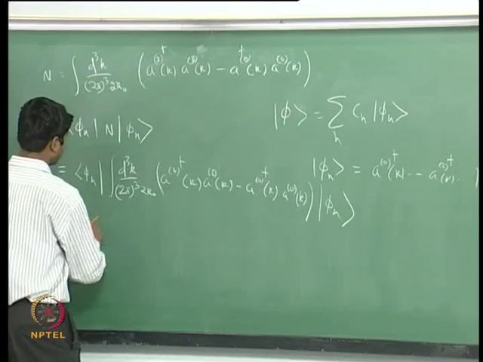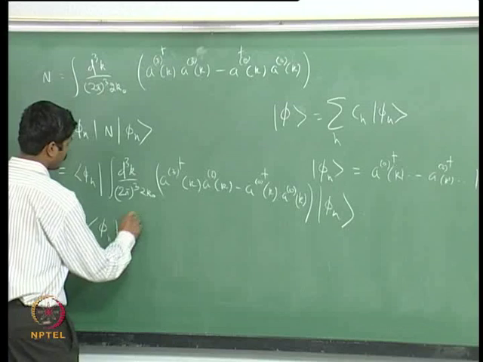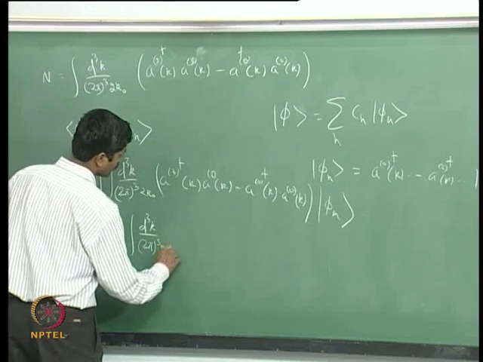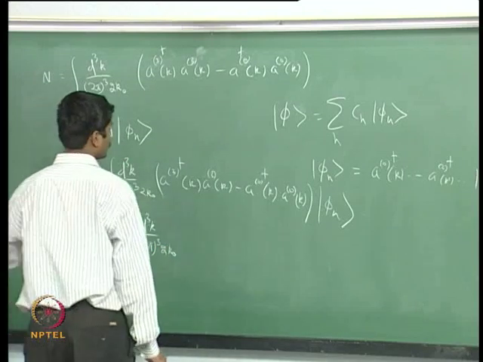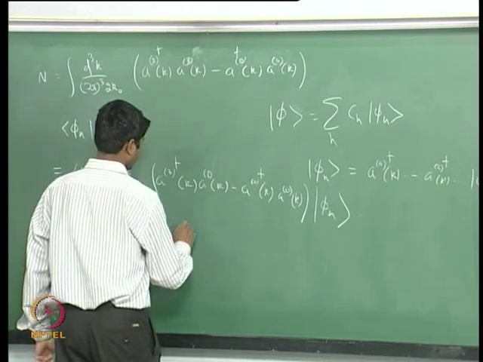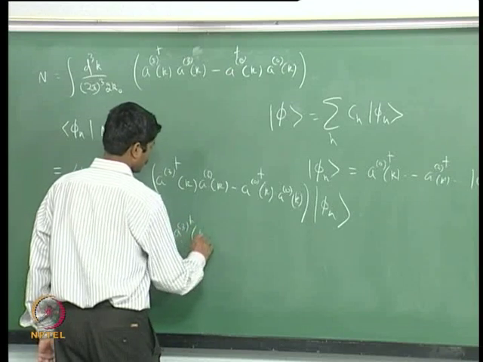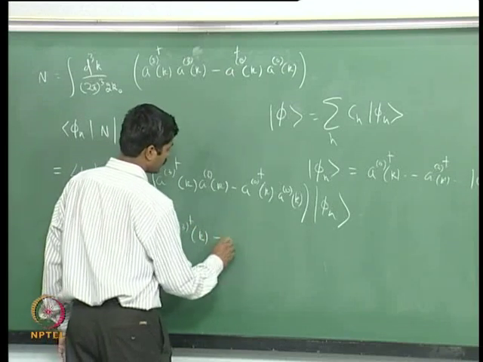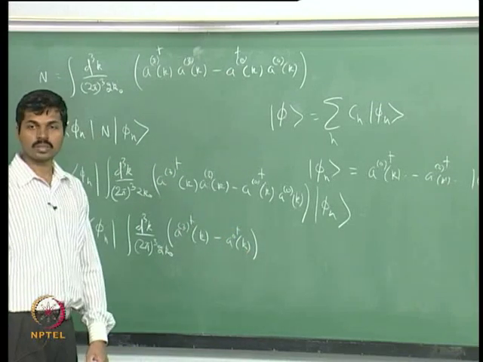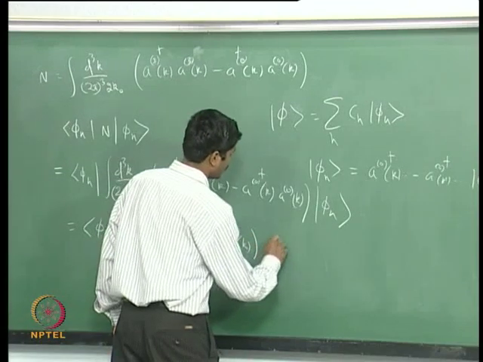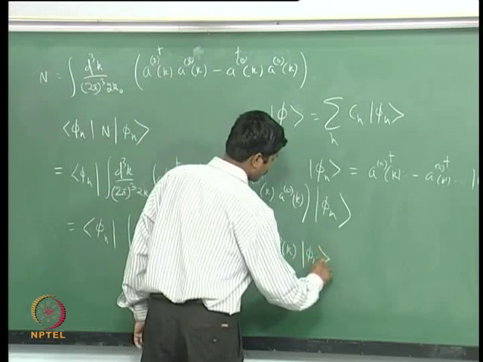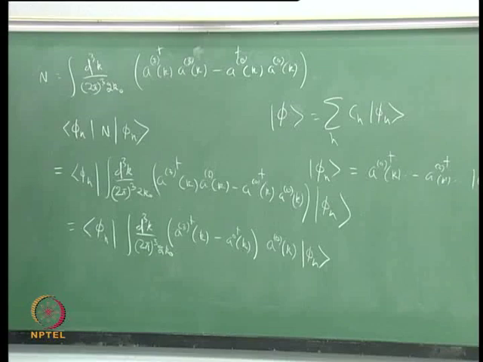When I use that, this will become phi n, d cube k over 2 pi cube 2 k0, and this is a3 dagger k minus a0 dagger of k, a0 of k acting on phi n, right.